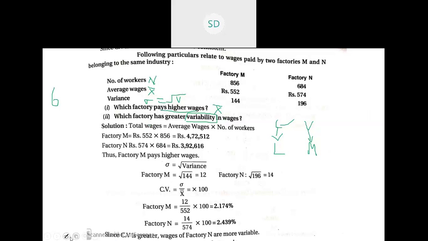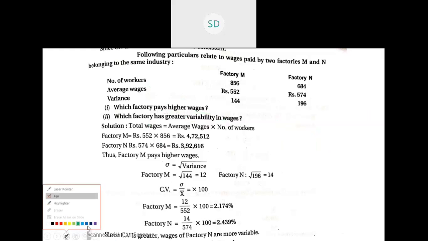Now let us see the solution part. First, we have to calculate the total wages. If you multiply number of workers into average wages, that will give us the total wages.